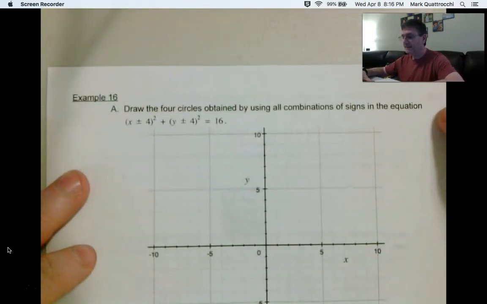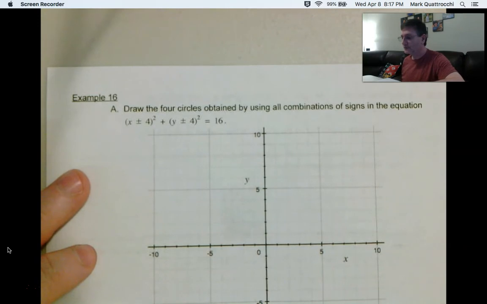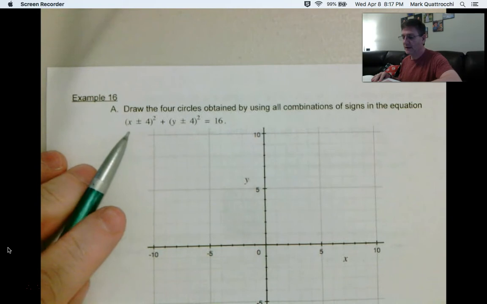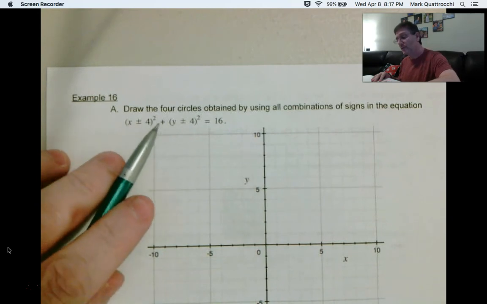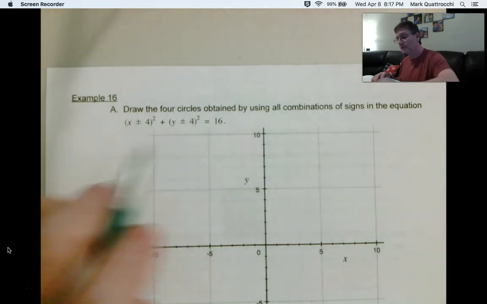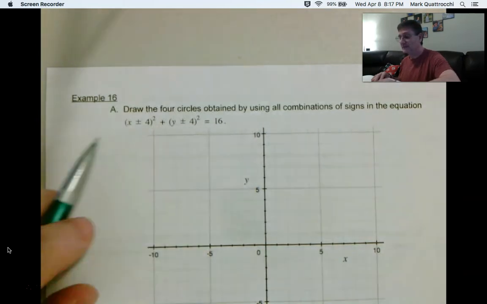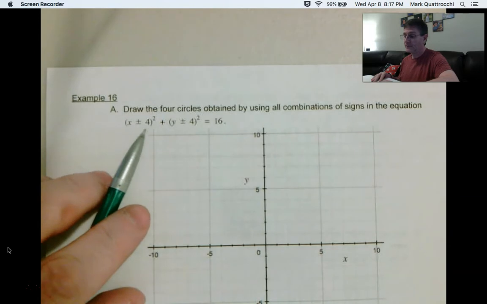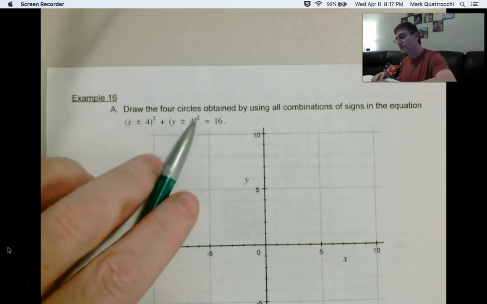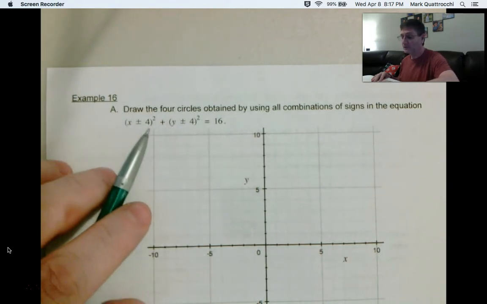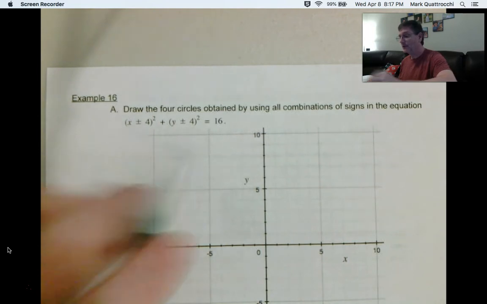Example 16. Draw the circles obtained by using all combinations of these signs. So we have (x plus 4) squared plus (y plus 4) squared equals 16, (x minus 4) squared plus (y plus 4) squared equals 16, (x plus 4) squared plus (y minus 4) squared equals 16, and (x minus 4) squared plus (y minus 4) squared equals 16.